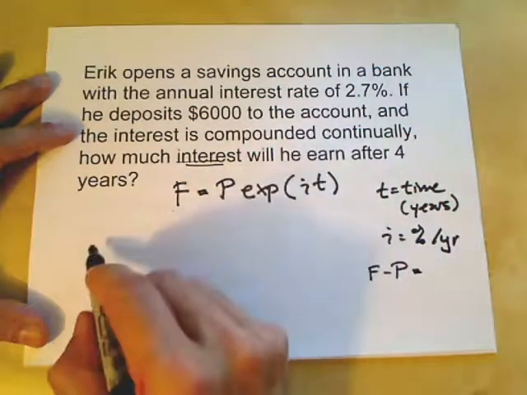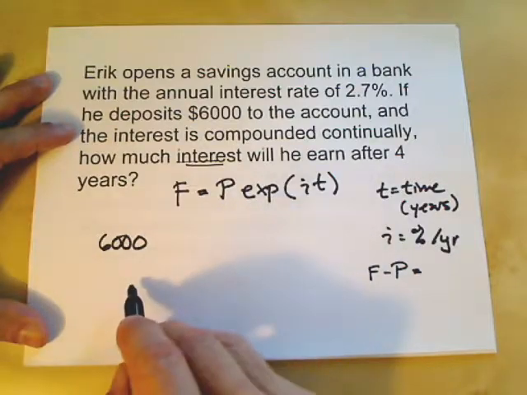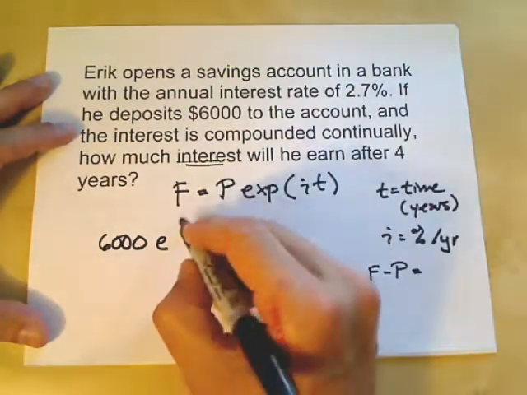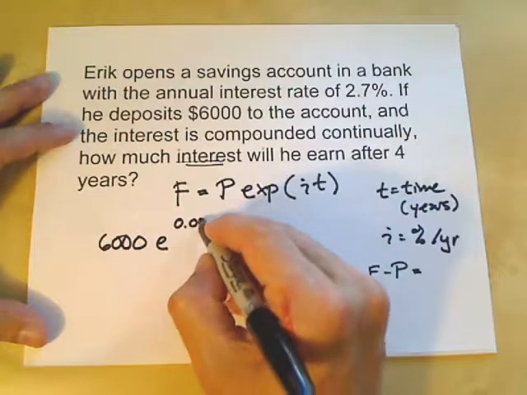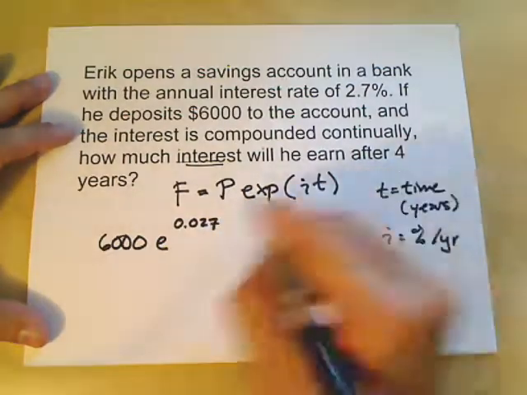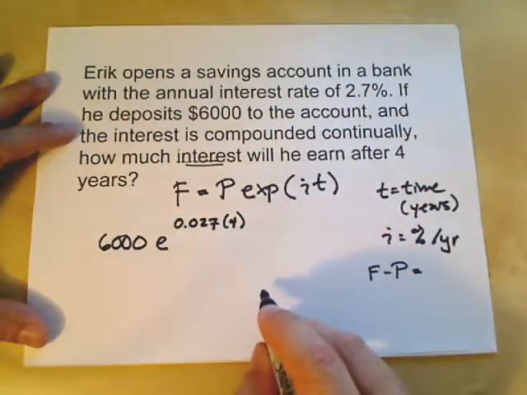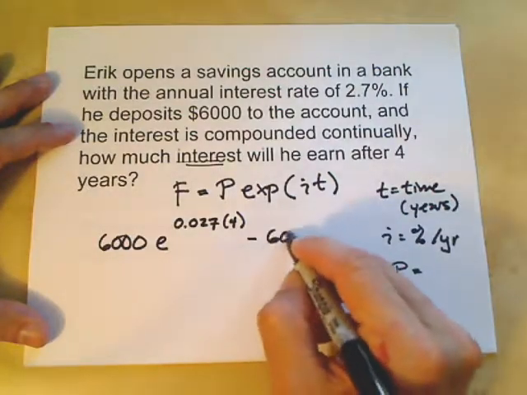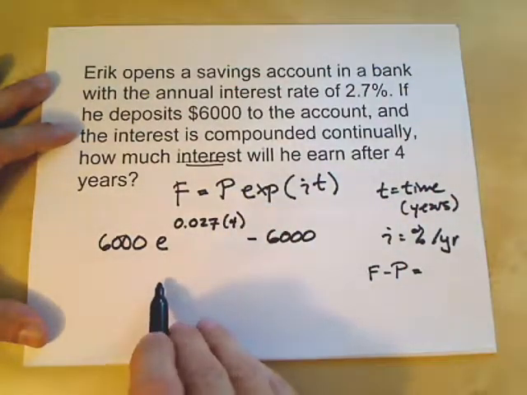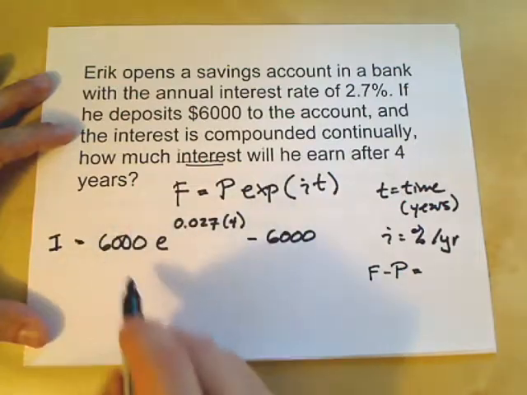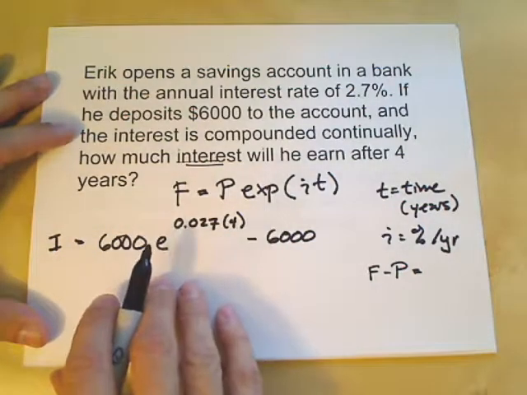So we're going to take the 6,000 times e raised to the power of 0.027 times the 4 years, minus his initial balance of 6,000, and that's going to equal the amount of interest that he's earned after 4 years.